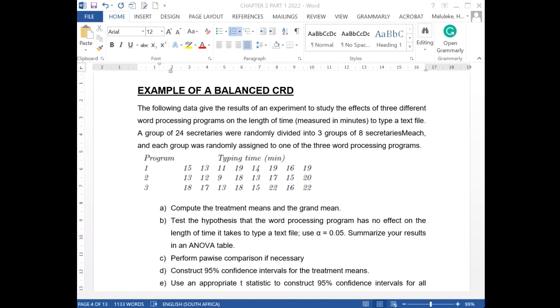How many programs do you have, Mudau? How many means do you have? 3, sir. So if you want to find the mean of means, you just add all of them. You're adding 3 means. That's why we divide by 3. Thank you very much.